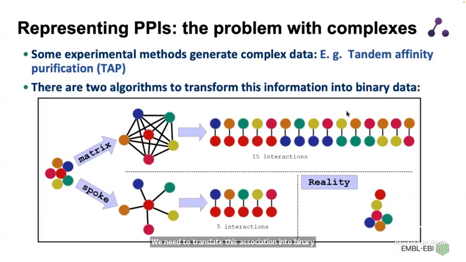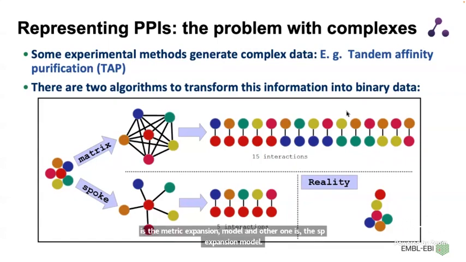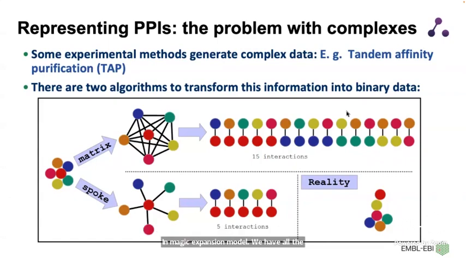So there are two algorithms available to transform this information into binary data. One is the matrix expansion model, and the other one is the spoke expansion model. In the matrix expansion model, all the proteins are assumed to interact with all the available partners. And in the spoke expansion model, one protein, usually the bait, is assumed to interact with the rest of the partners.